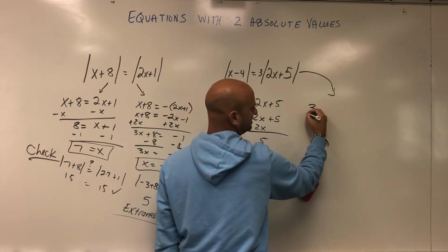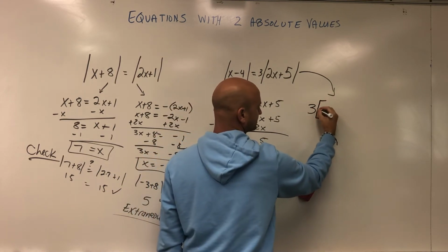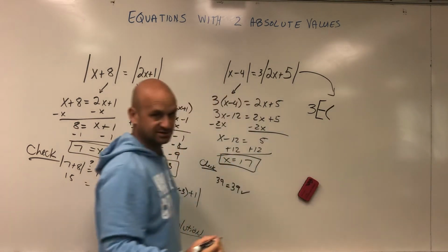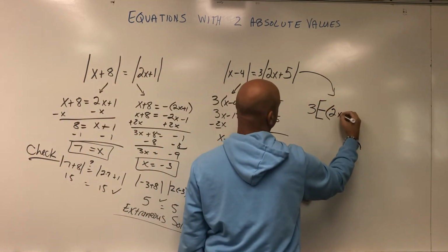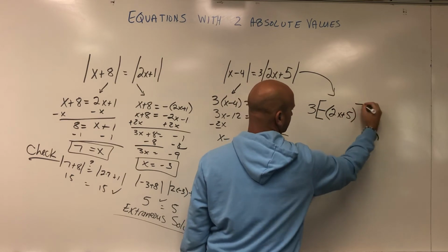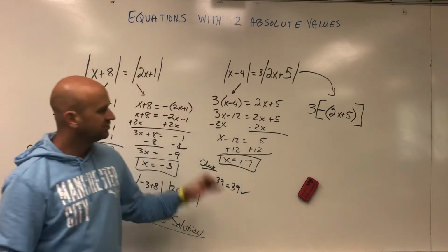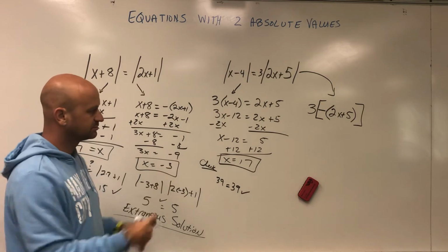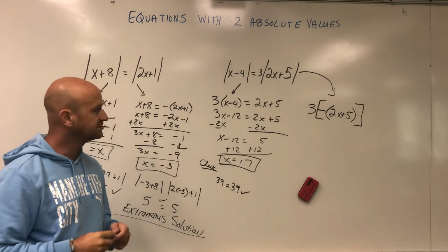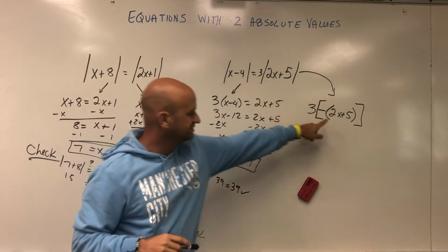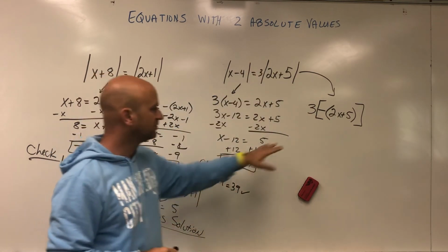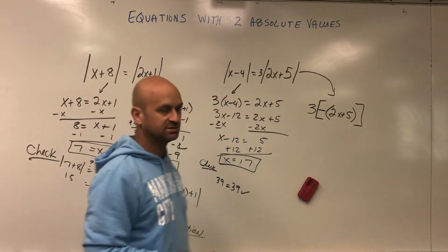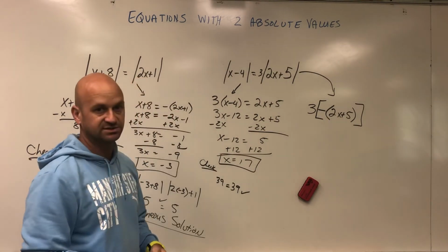We would have 3, and then in brackets, a negative, and then the parentheses, and then this would become 2x plus 5. This is where some kids get confused or make mistakes. We don't take the 3 and make the 3 negative; only the absolute value portion becomes negative in this case.